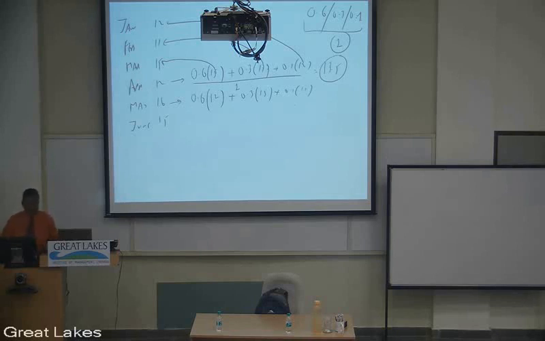And I divide by 1. So in this case, 7.2 plus 4.5 is 11.7, 12.8. Let me come to June. 0.6 times 16 plus 0.3 times 12 plus 0.1 times 15. So 9.6 plus 3.6 is 13.2, 14.7.